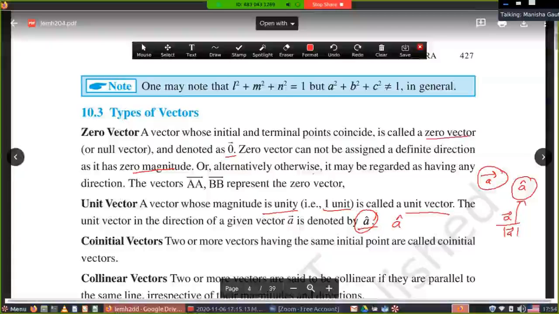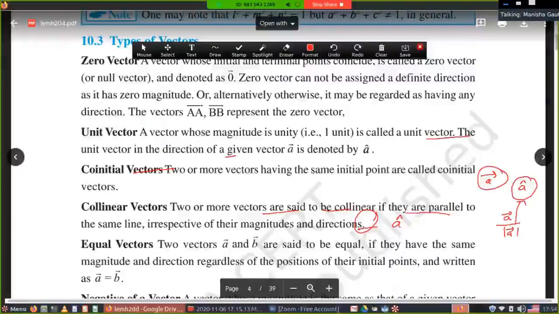Co-initial vectors: two or more vectors having the same initial point are called co-initial vectors. And collinear vectors: two or more vectors are said to be collinear if they are parallel to the same line.